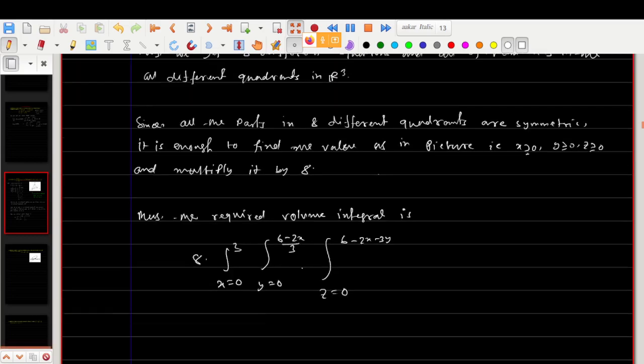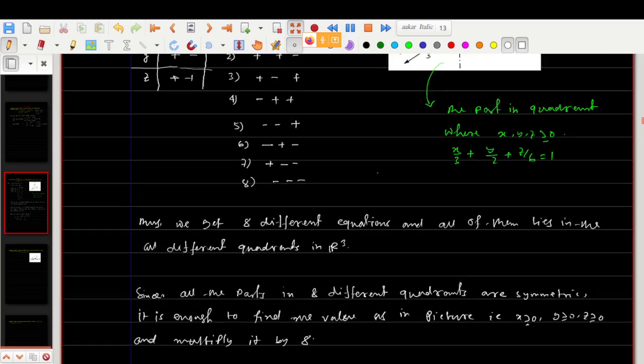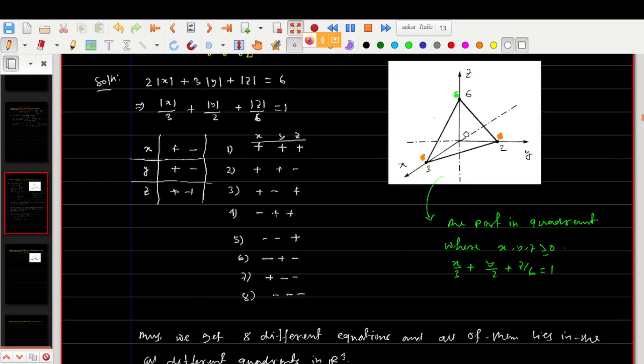Because you have to draw lines parallel to the x axis, y axis and z axis, right?